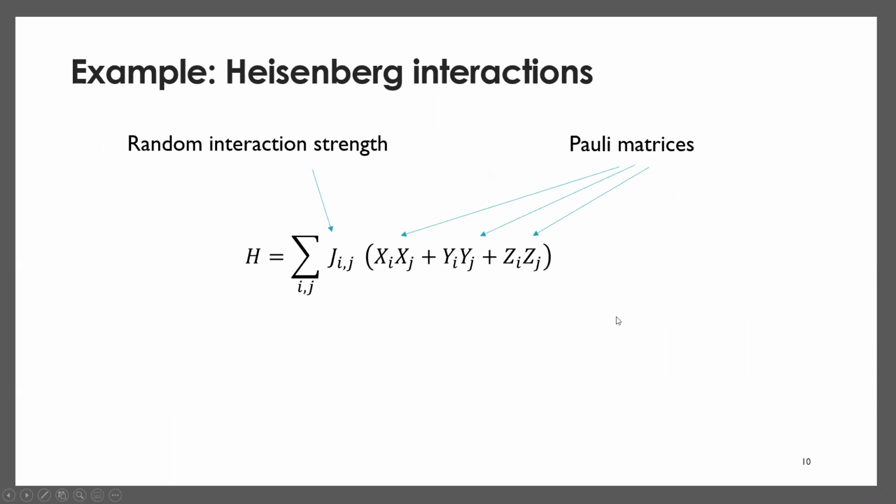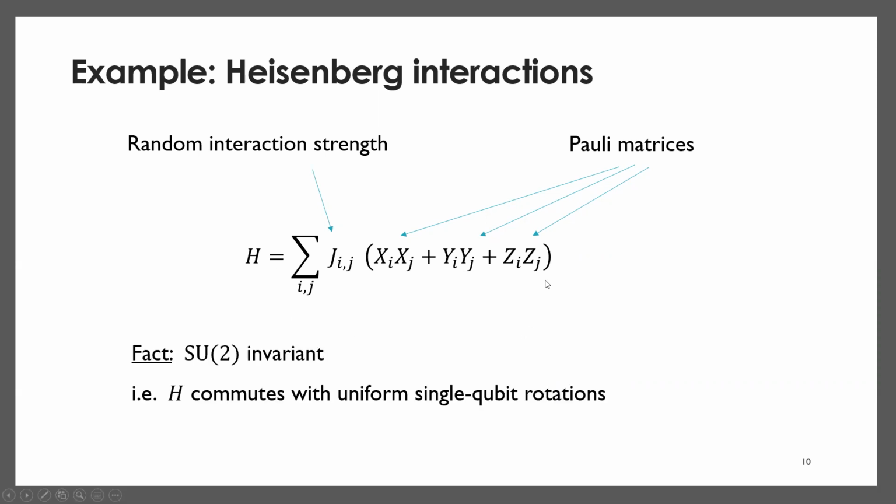Let's consider one simple example to demonstrate how this symmetry transformation works. In this case, we consider this Heisenberg interaction between every spin on a lattice. X, Y, and Z here are just Pauli matrices, and the J_ij are just coefficients that represent the interaction between the spin i and j.